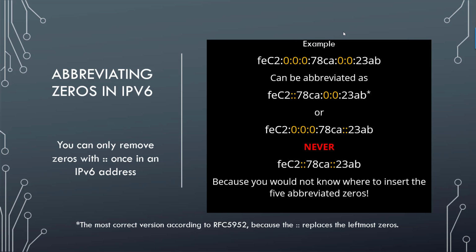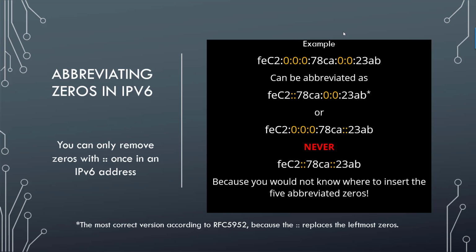Or you can leave the first 3 zeros and reduce the second 2 zeros next to each other and place it in a double colon. Either way is fine. Doing it to the leftmost set of zeros is kind of the rule. However, when you're typing in an address, either will be acceptable.